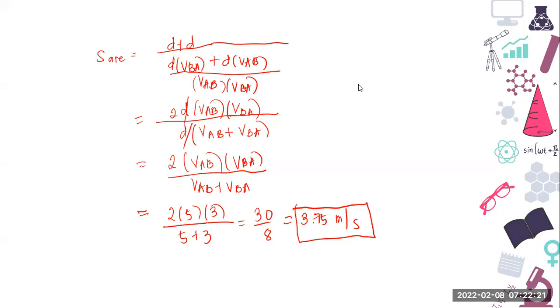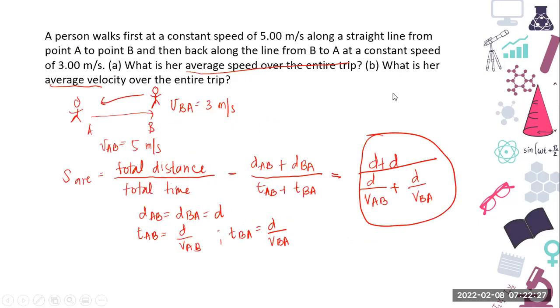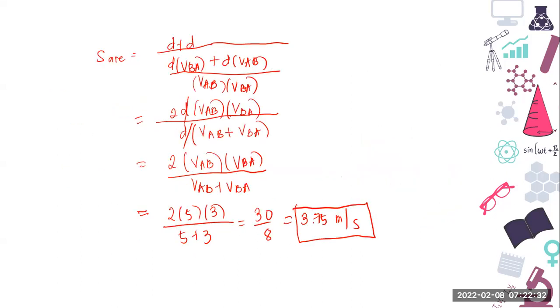Okay, there's also another item required in the problem, which is what is her average velocity for the entire trip. This is sort of a common sense question, meaning, letter B, what is the average velocity? We know that average velocity is equal to the change in displacement over change in time.